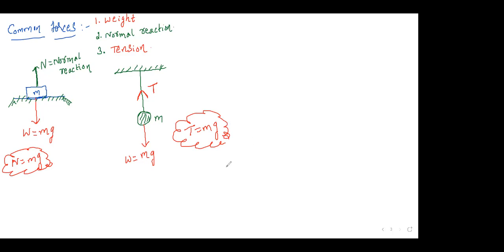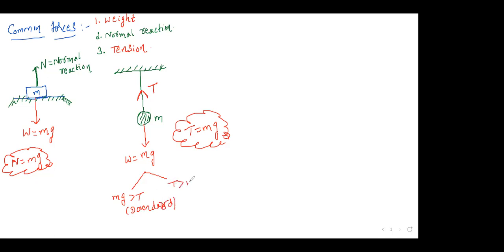Now, if mg is more than the tension, in this case the body will try to move downward.